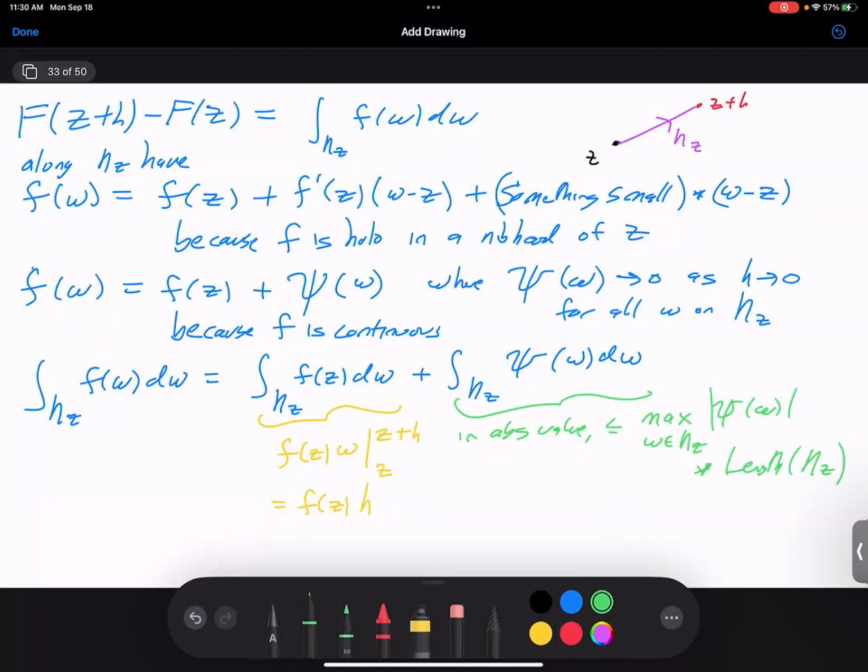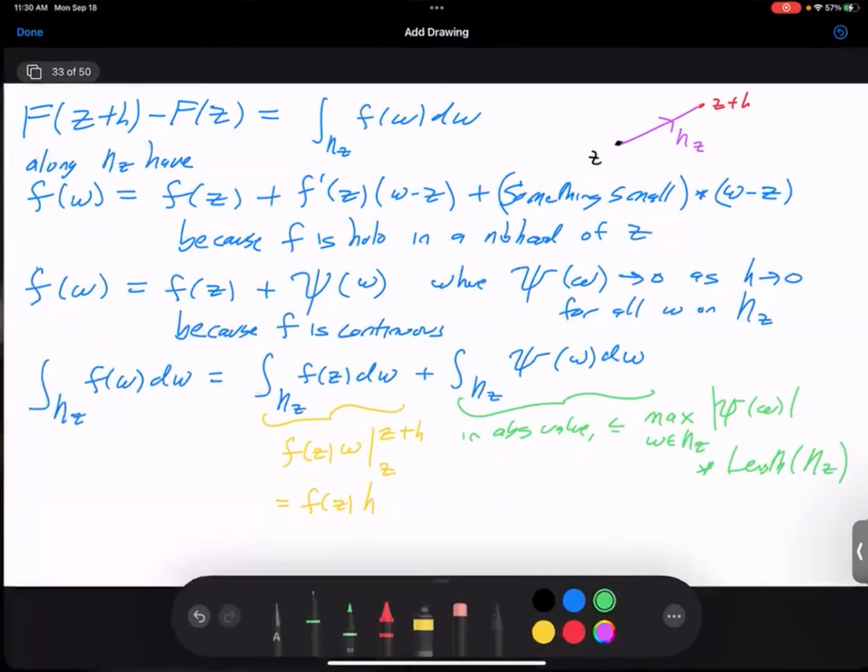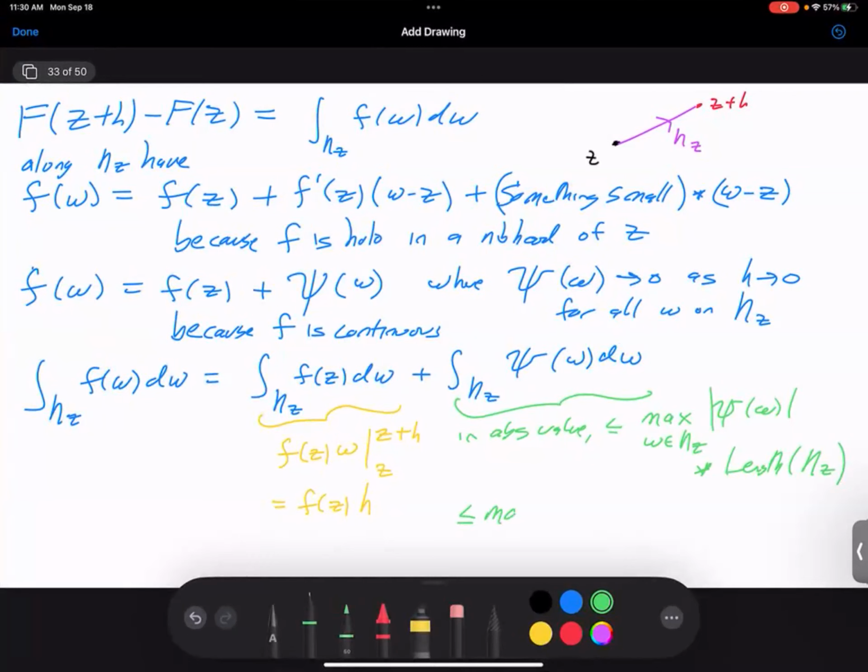Absolute value of h. So this is going to be less than or equal to the maximum of w in eta of z of c of w times the length of h. And we know that this is going to go to 0 even when we divide by the length of h.